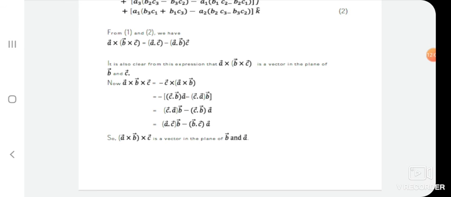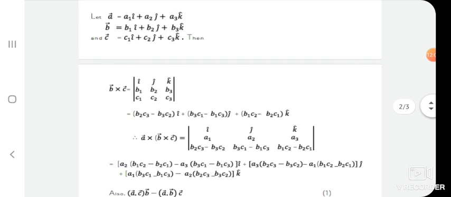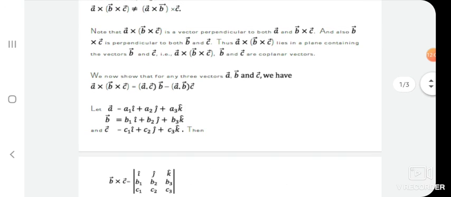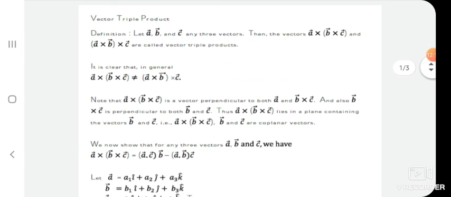In this way, we can prove A cross in bracket B cross C is equal to A dot C into B minus A dot B into C.